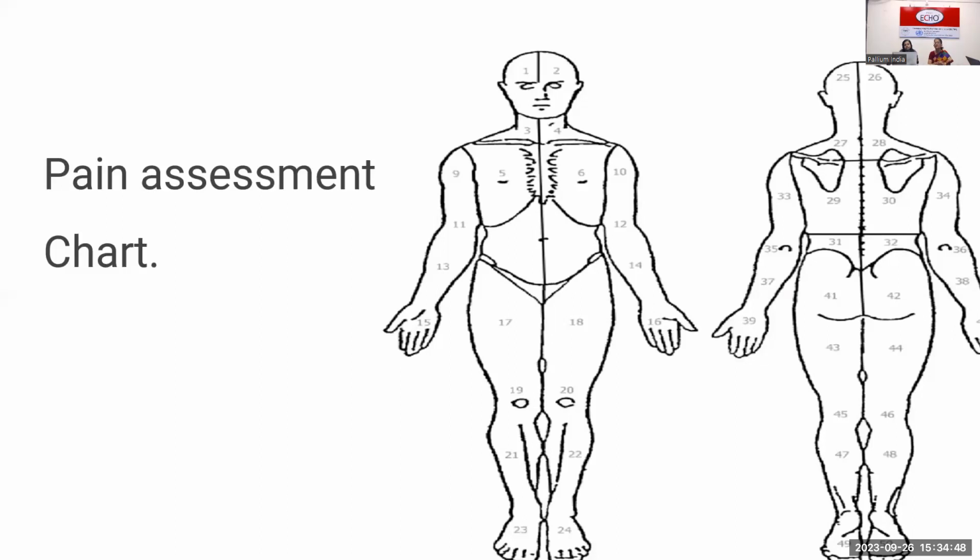This is something very simple. Even if someone is not able to read or write, these body charts are very helpful and very useful. You can give it to them and ask them to fill in the areas where the pain is. And for our assessment also, you can just use different colors.